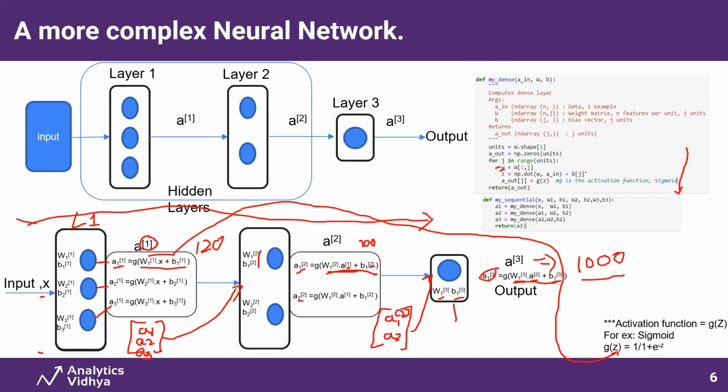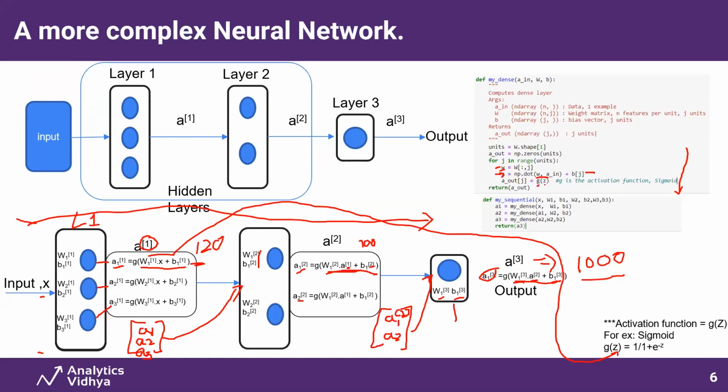And then what we do is we calculate the dot product here. This line is doing this part. A11 is being calculated here. So if you see W into A in, where A in is the input, and then we add the bias. So we get Z out of it.